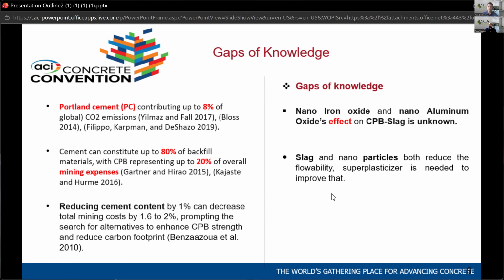I'm going to show it in the graphs and the results, but for now, we know that slag is going to delay the hydration, while the nanoparticles are going to decrease the hydration time. These are balancing out, but using slag and nanoparticles both reduce the flowability. That's why I use superplasticizer. So everything is balancing out. I'm going to show everything in the results.